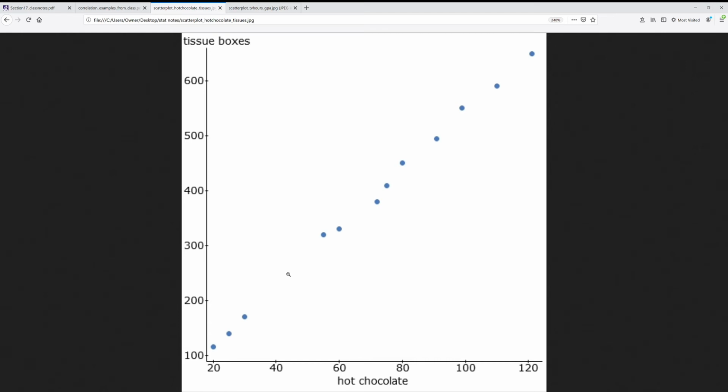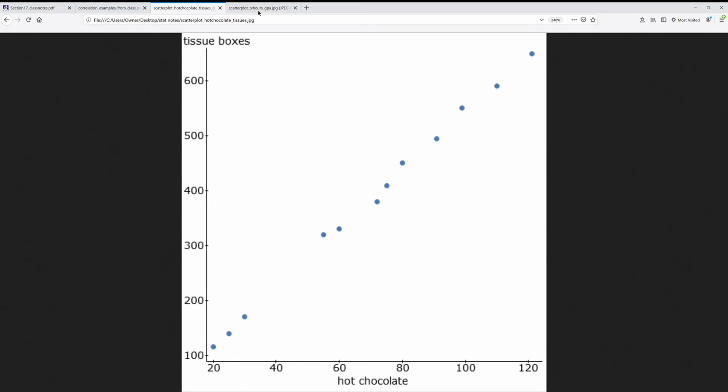Now these predictions are only going to be as good as how lined up the dots are in the first place, but we'll talk about that a bit later. The point is, we want to do some predicting, and the minute you're doing predicting, you are making a distinction between what you're predicting with, in this case the hot chocolates, and what you're predicting, the tissue boxes. So now we are definitely making a distinction in this section between which variable is which.